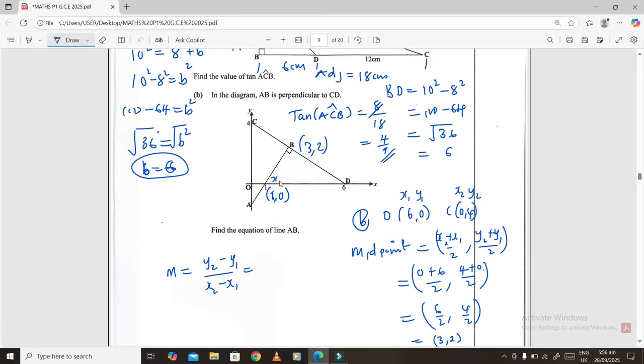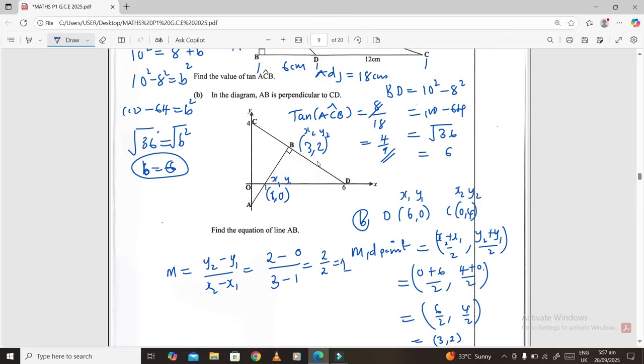So this is our x1, y1, x2, y2. So y2 there, it's a 2, minus y1, it's a 0, over x2, it's a 3, minus 1. Here it's a 2 over 2, which is giving us what? A 1.